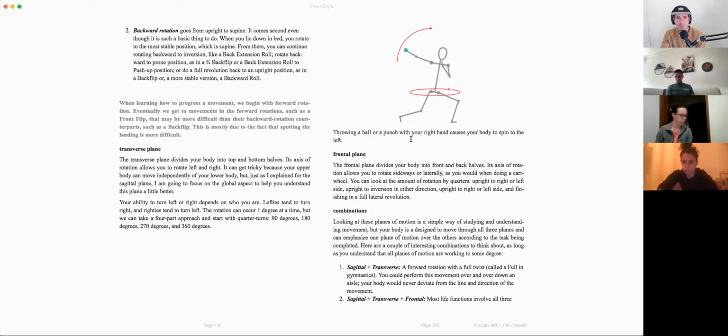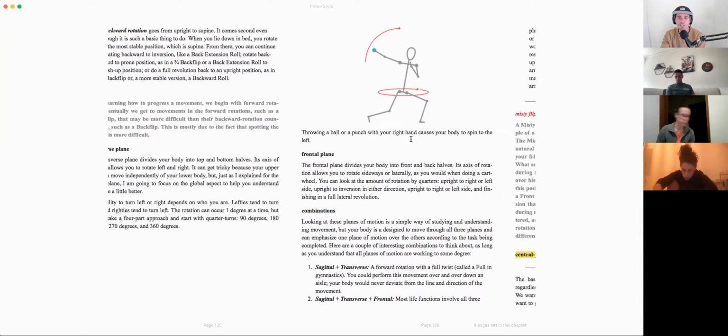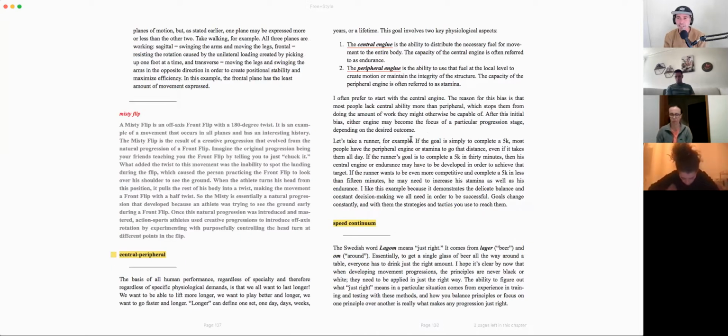And why is it so powerful to keep in mind? Well, because it's what's going to lead you to understanding how to create progressions that are very simple and taking any movement, regardless of how complex, and being able to transform it into a more effective one, a more efficient one.